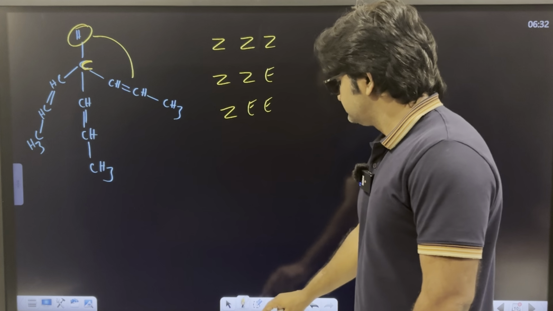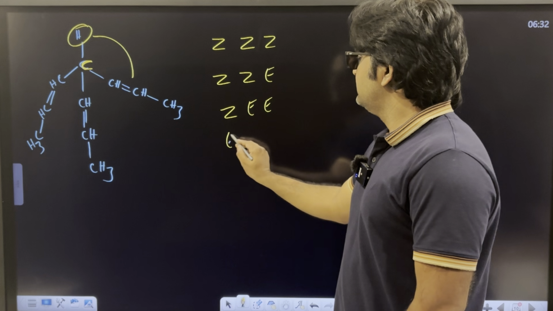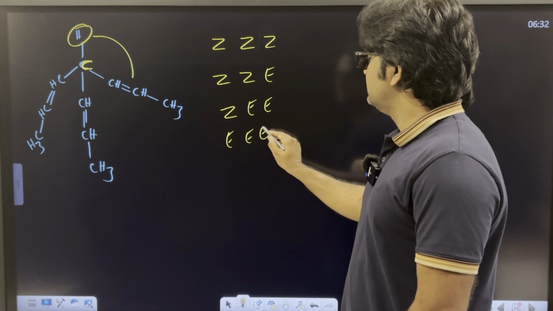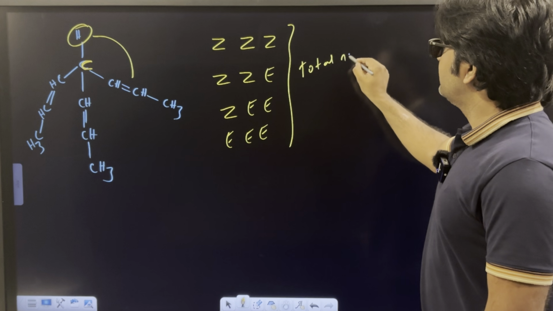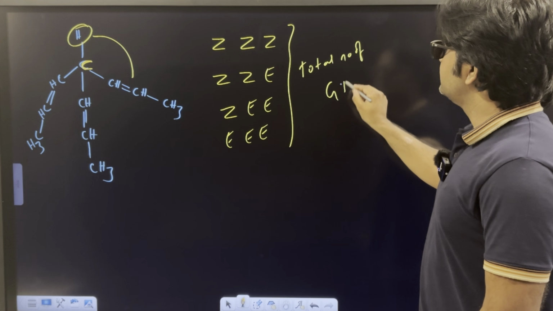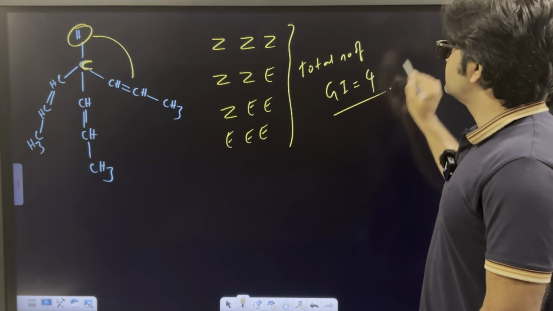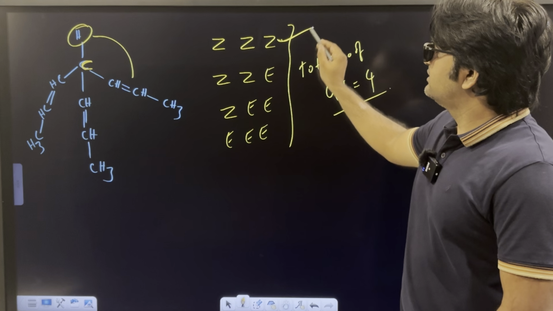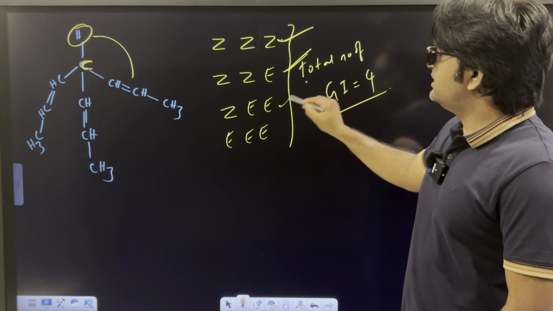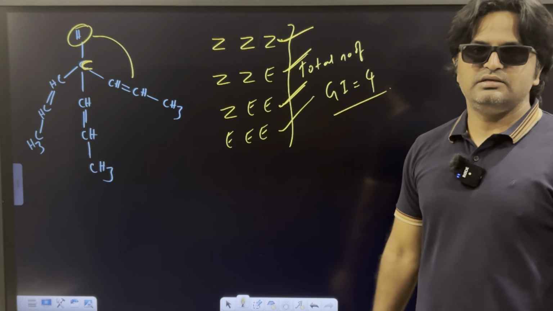Okay, next one. What is another possibility? E, E, E. What are the total number of geometrical isomers? Total number of geometrical isomers equals 4. Very important: Z, Z, Z; Z, Z, E; Z, E, E; E, E, E. Okay, right.